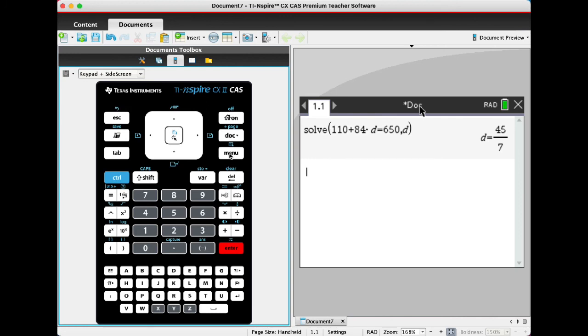It has told me the exact answer. We want the decimal approximation. So we have 2 ways of doing that. One way is to move up to the 45 on 7 and press enter, then do control enter, and there is the decimal approximation. The other way is with the original equation, do the same, control enter, and it gives me the decimal approximation.